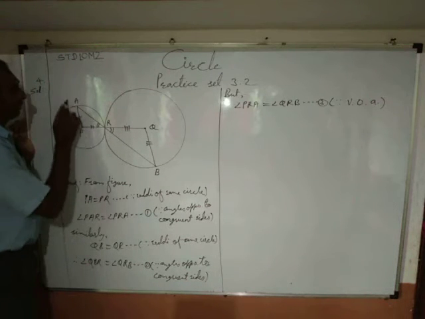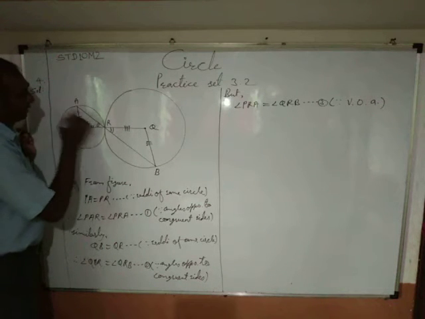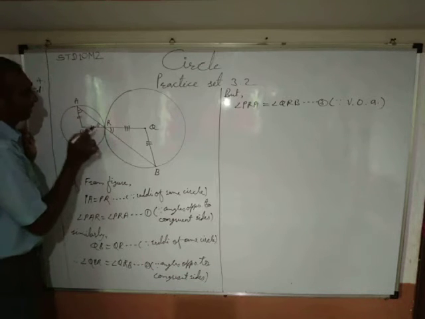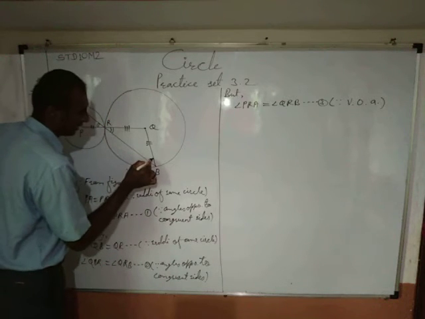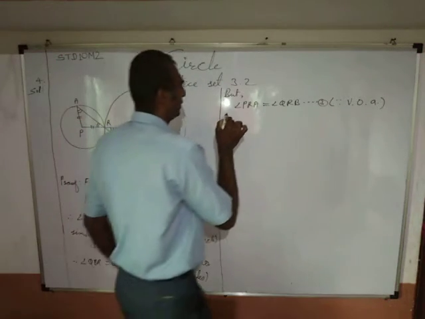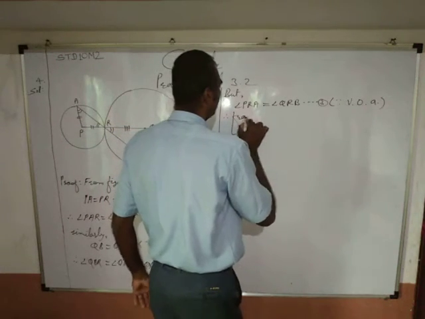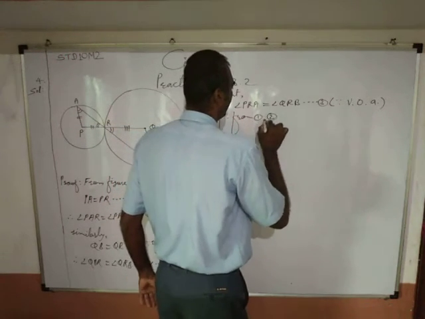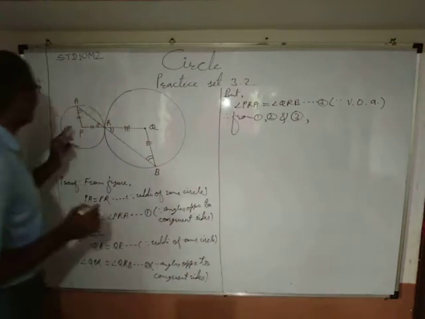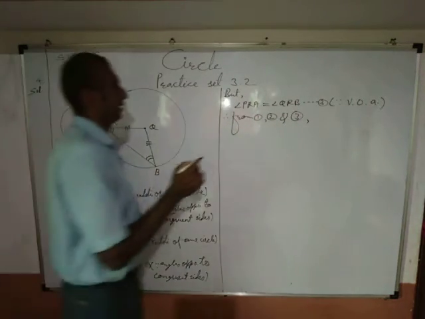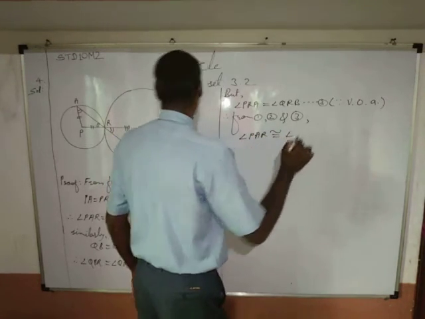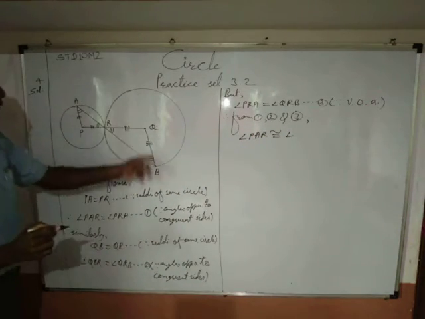And as angle PAR equals angle PRA, these two angles will be congruent. And again, from 1, 2 and 3, we may declare angle PAR is congruent with angle QBR.